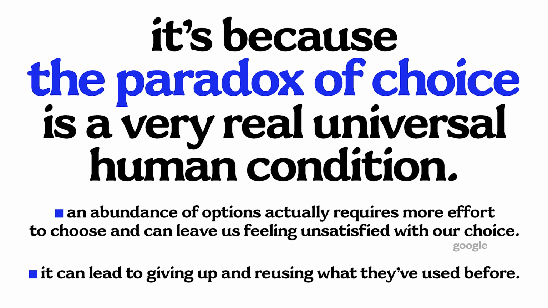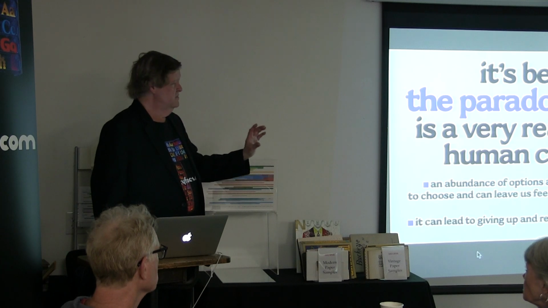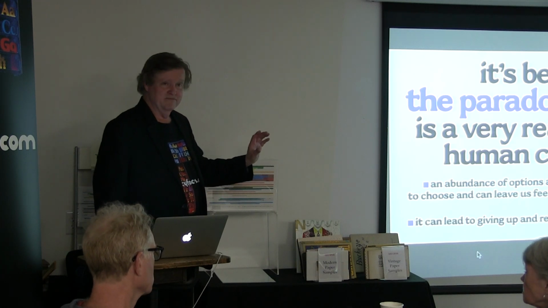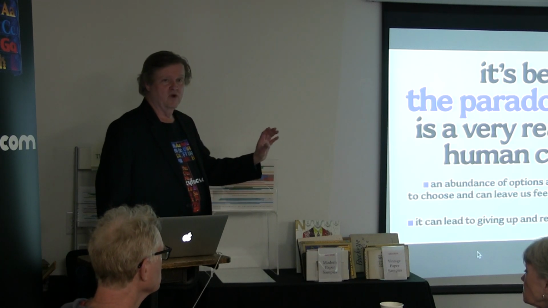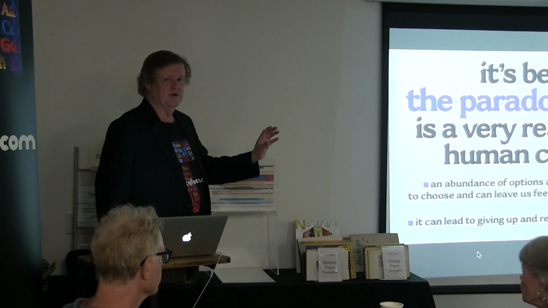The more options you give somebody, the more it slows them down. So I'm looking at this in the most unwieldy multiple choice question kind of way, the type specimen book, and thinking, wow, what can I do about this?